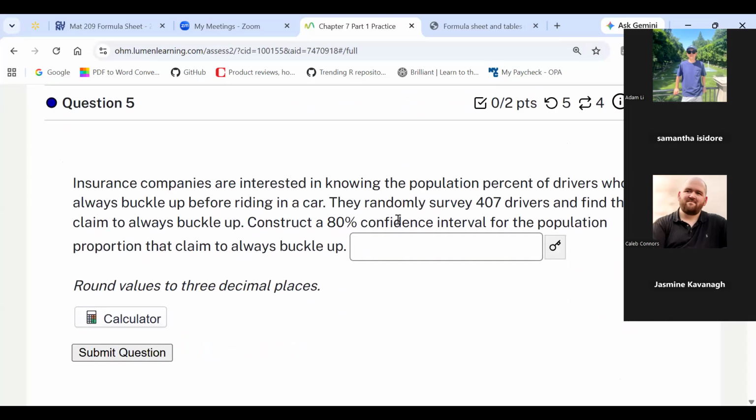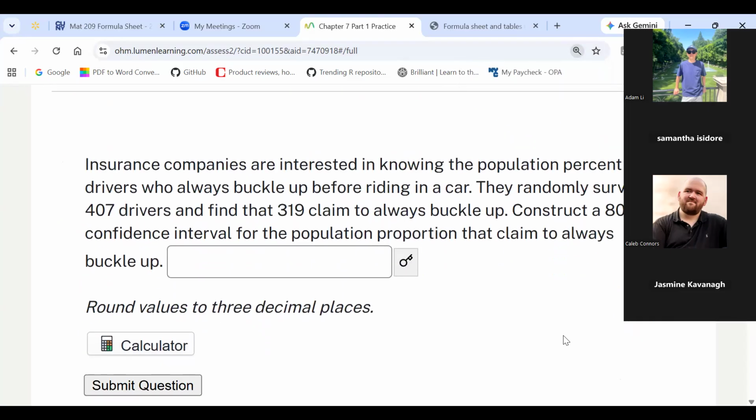Yeah. Now let's look at this. Question 5. Insurance companies are interested in knowing the population percentage of drivers who always buckle up before riding the car. They randomly survey 407 drivers, and found that 319 claim to always buckle up.